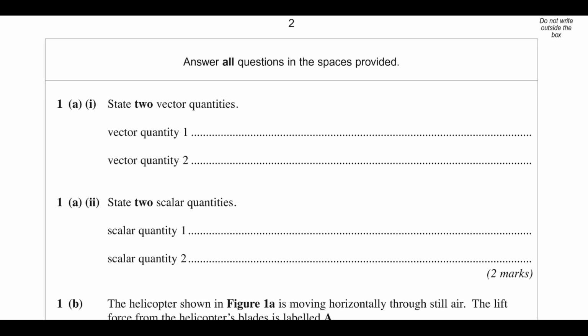So there are many we could go for, but the classic ones you'd go for are displacement, velocity, acceleration, force, momentum. Those would be your classics, essentially your vector quantities.